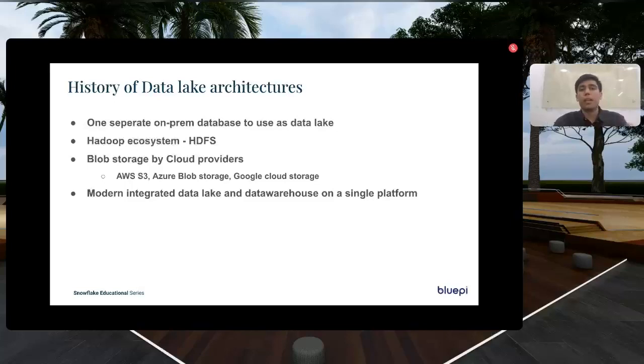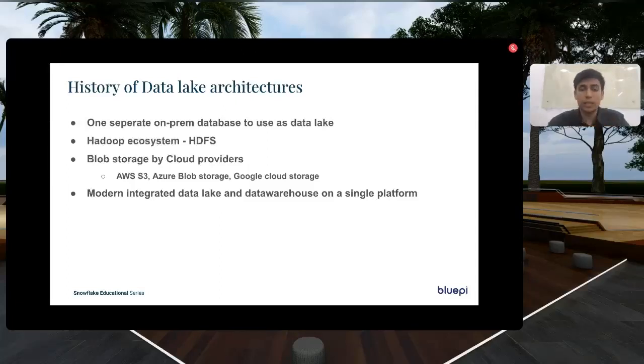So as I said, a data lake is used for you to be able to do your analysis on the data, and there are many architectures which could be suitable for your organization. So it's a choice that you have to make for your architecture.